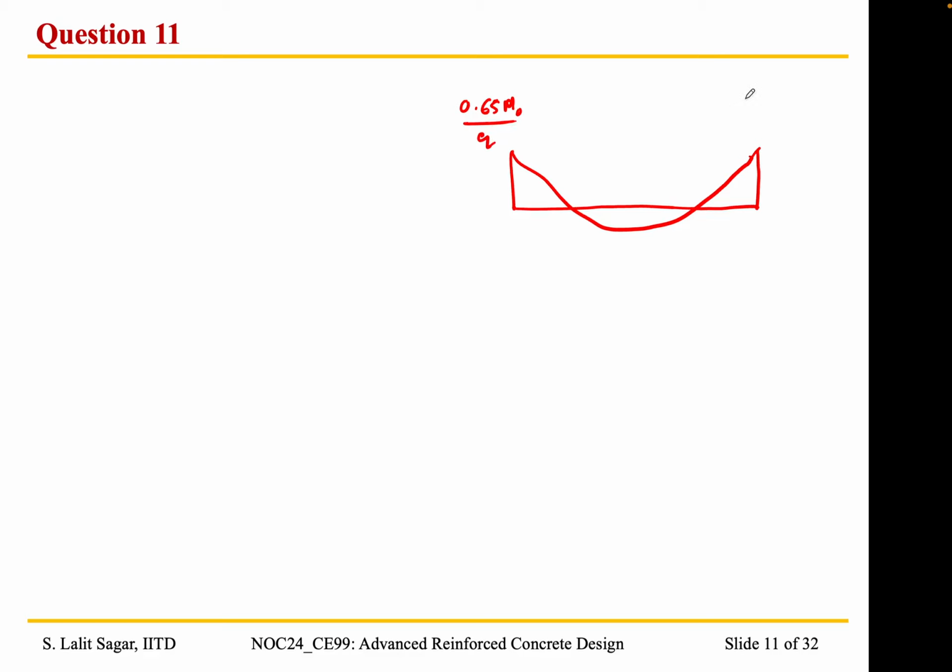Here we have 0.75 minus 0.1 by q into M naught, and at the middle we have 0.63 minus 0.28 by q into M naught.